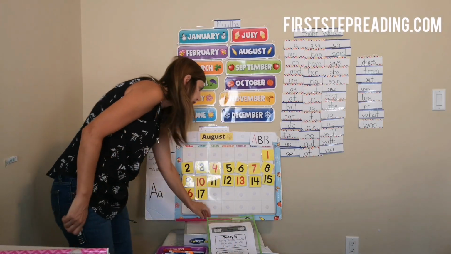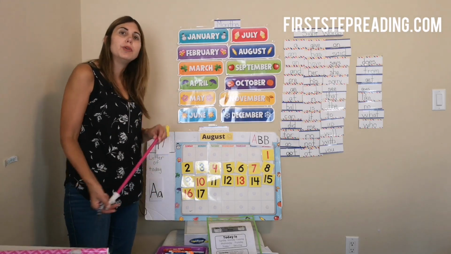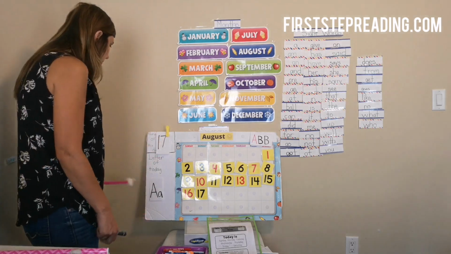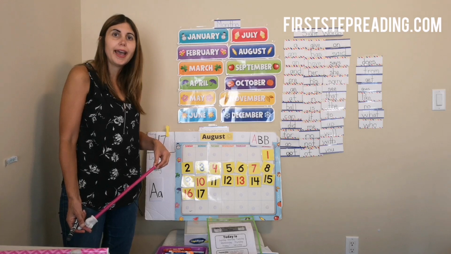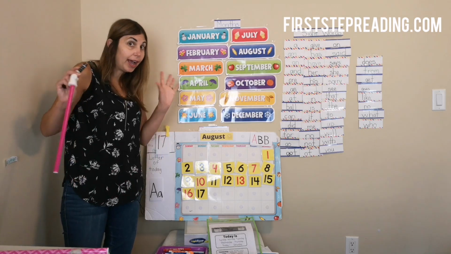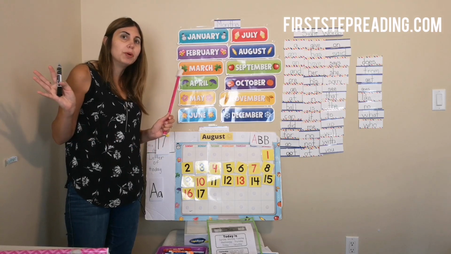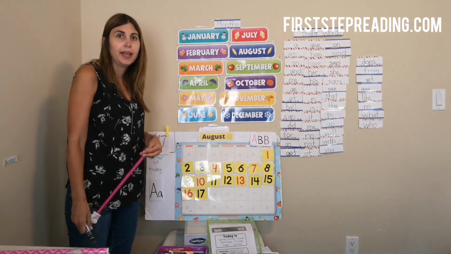So our letter of today is A. We're going to review all the different long vowels this week. So let's first say, what sound does a short vowel A make? Ah, like apple. What sound does a long vowel A make?